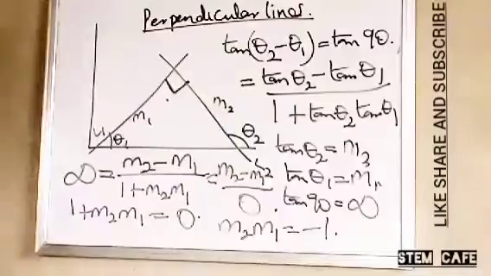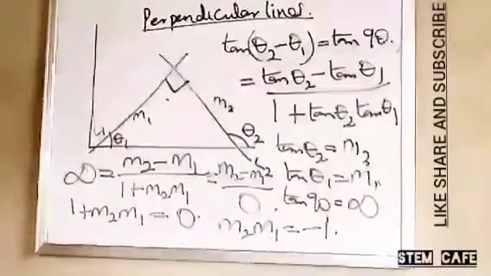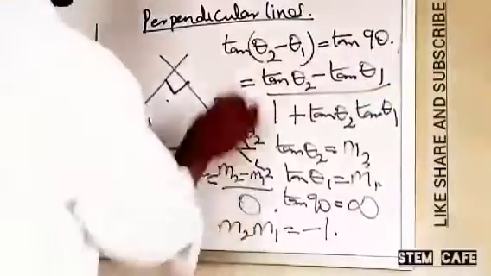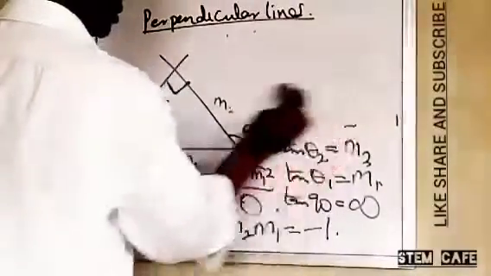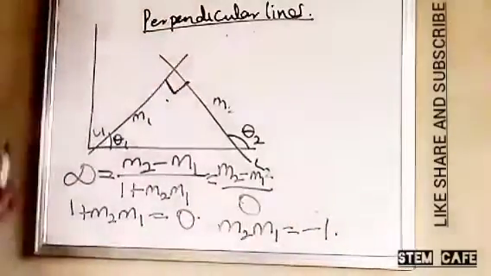So what this means is that when two lines are perpendicular, the product of their gradients is minus 1.